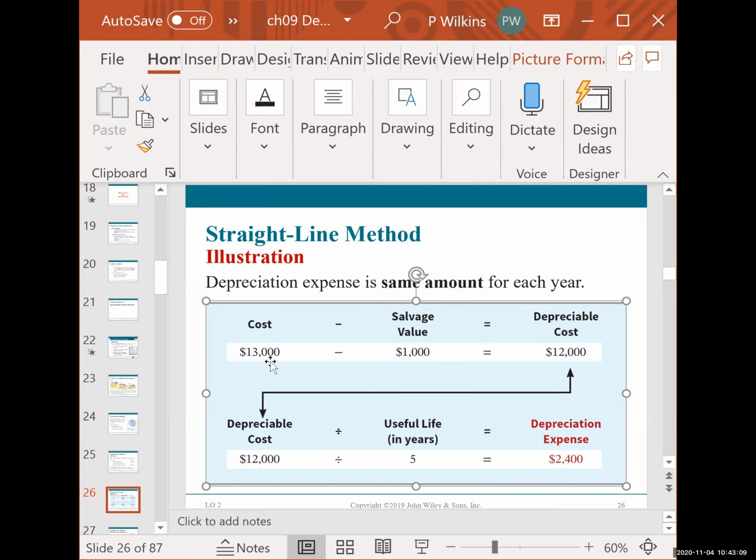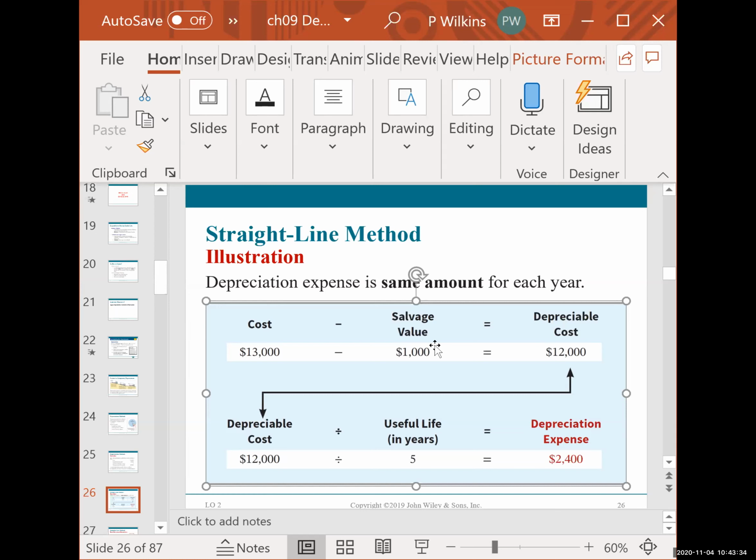We take the cost, $13,000, minus the salvage value of $1,000. That gives us what they call a depreciable cost or a depreciable base, okay? You take the depreciable cost or the depreciable base and you divide it by the number of years or the useful life. In this case, it's 5 years. And that's going to give you an annual depreciation expense of $2,400, okay?